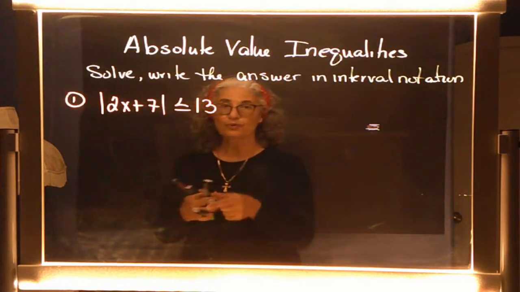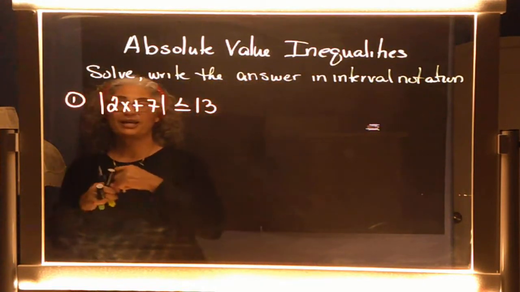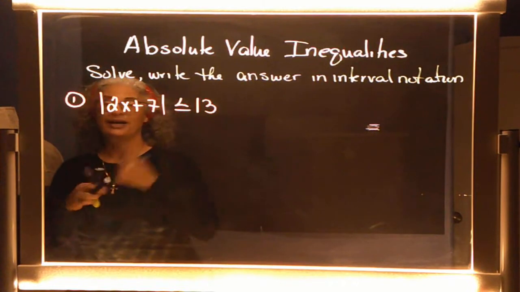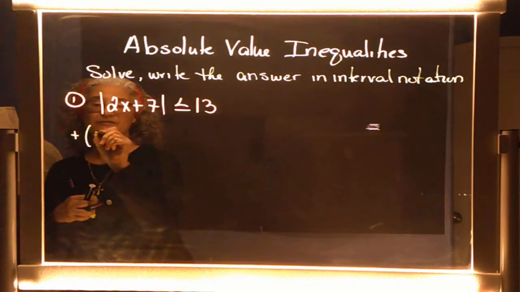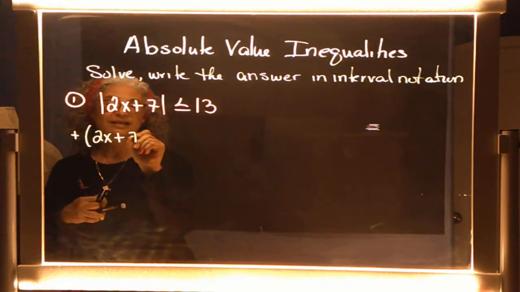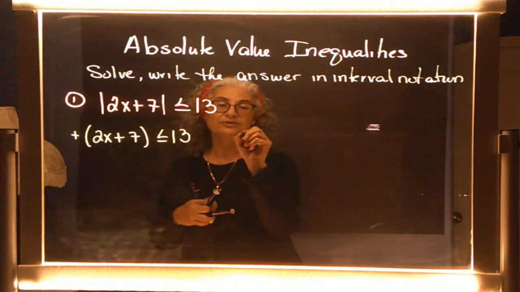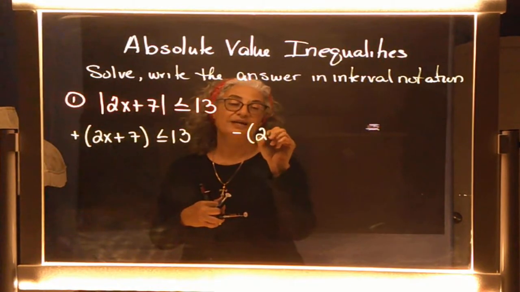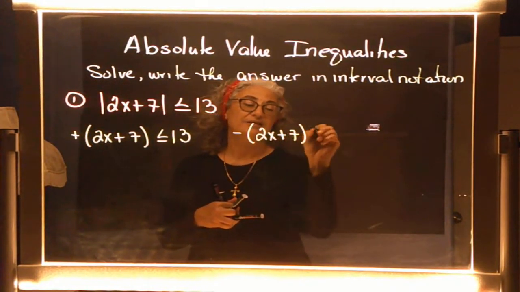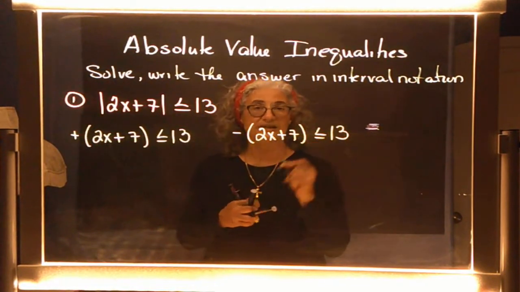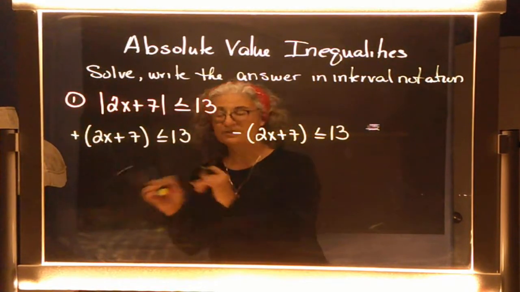So, remember, in this particular case, I am going to have, just like before, the positive of this 2x plus 7, and in this case, less than or equal to 13. But I can also have the negative of that 2x plus 7, still less than or equal to 13. Okay, let's go solve.